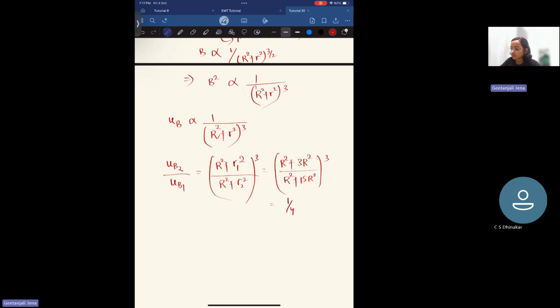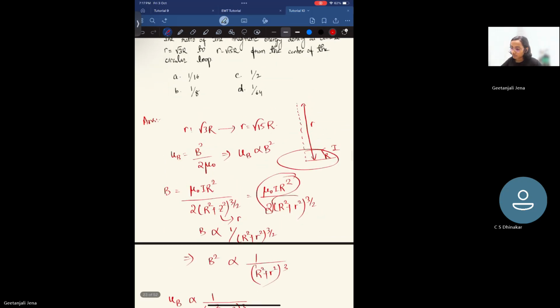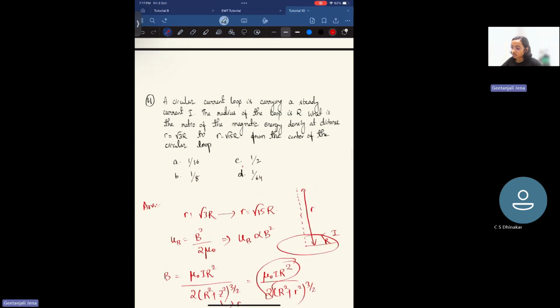So this will give (1 by 4) to the power cube. So the answer will be 1 by 64, option D.